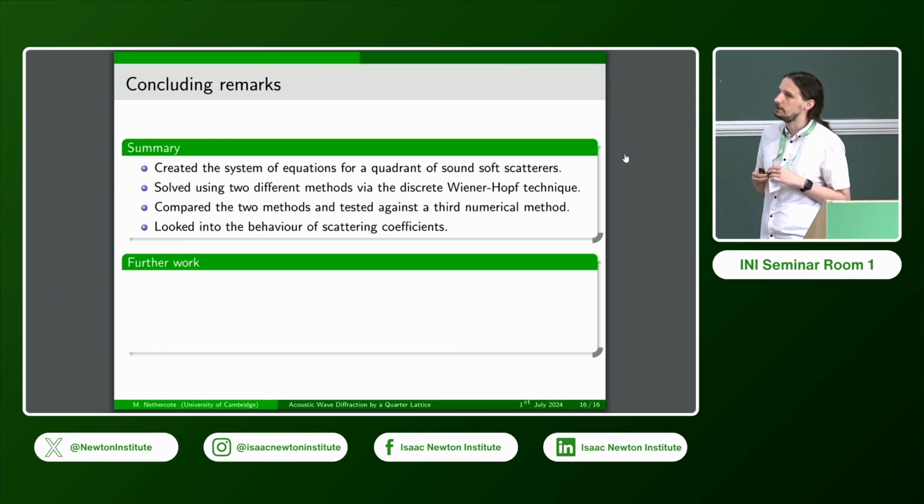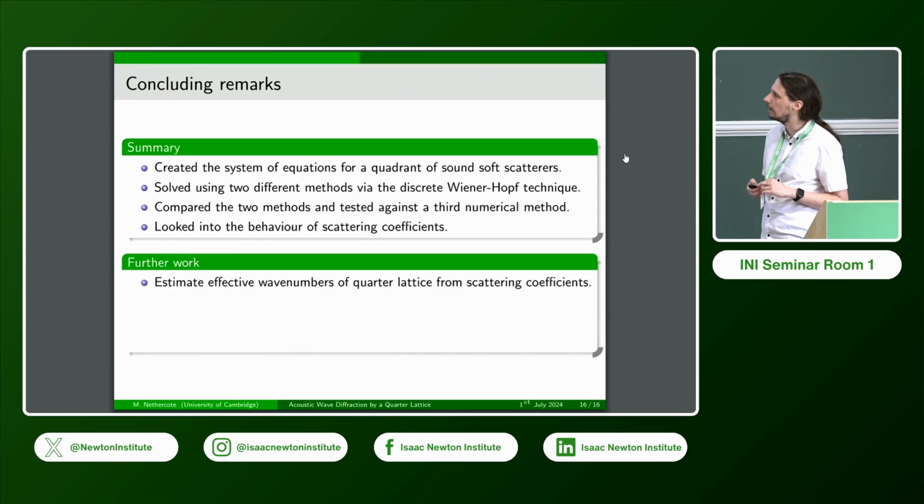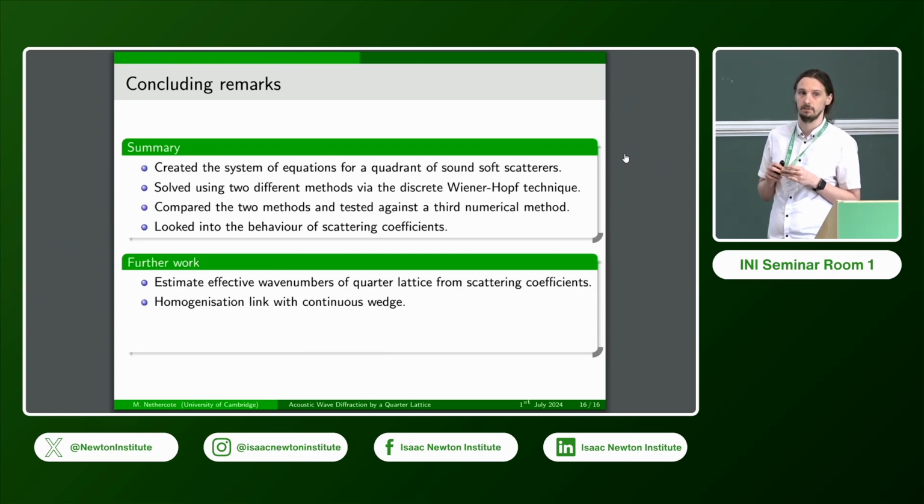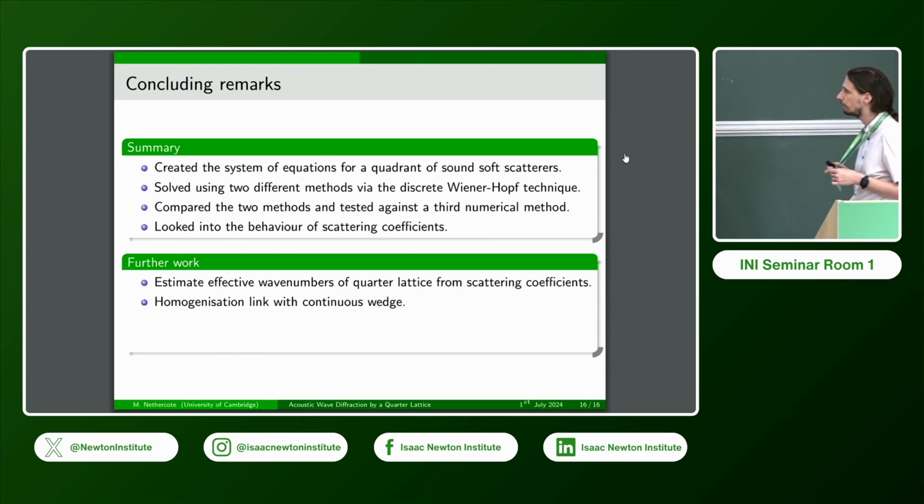There are numerous avenues which we could go down to further this work. The key task right now is to finish this investigation into effective wave numbers, and I think this is going to be important for trying to link this work with the equivalent homogeneous wedge.